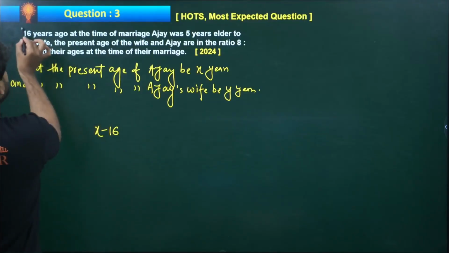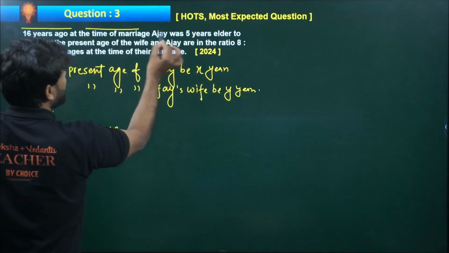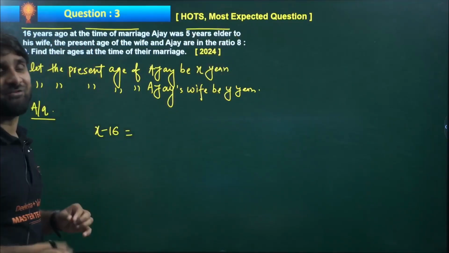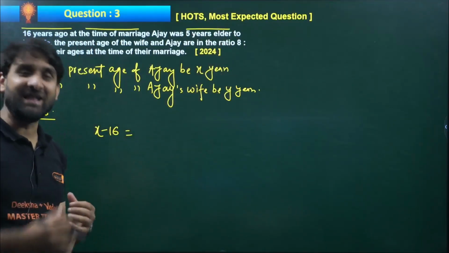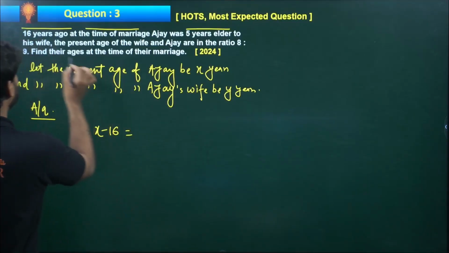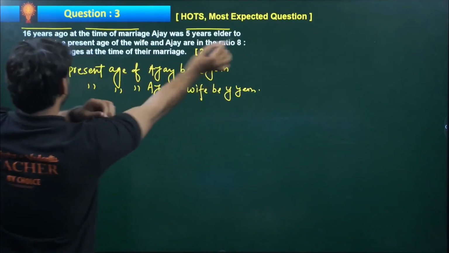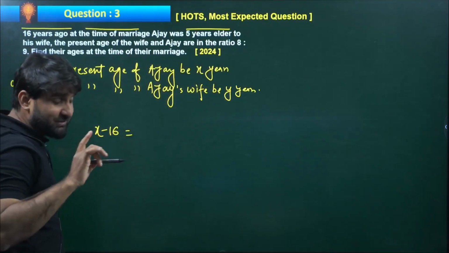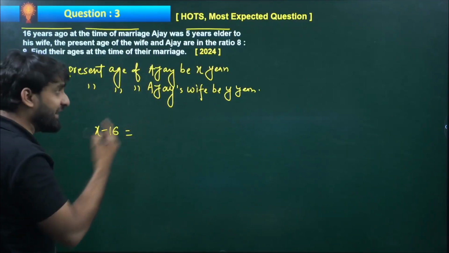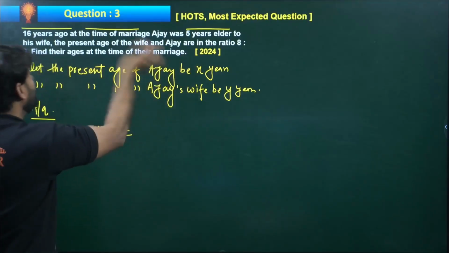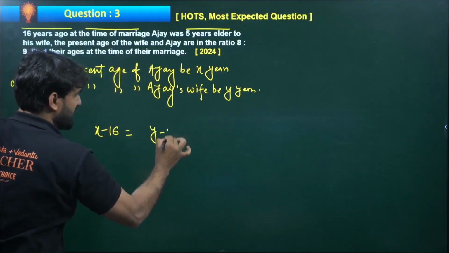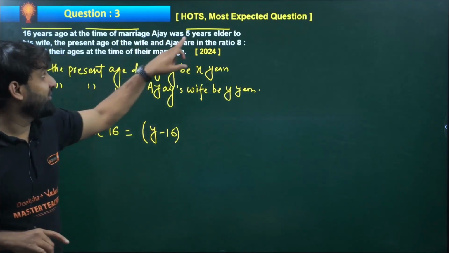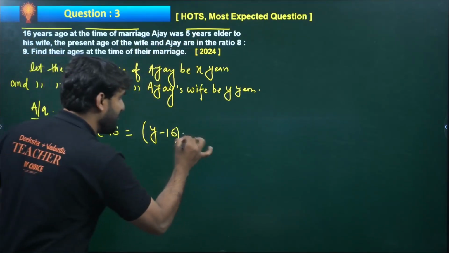Now, 16 years ago, at the time of marriage, Ajay was 5 years elder. 5 years elder means 5 years more. Now if the present age of the wife is y, what was her age at the time of marriage? So y minus 16. But one thing is there. Ajay was 5 years elder, so 5 we have to add.